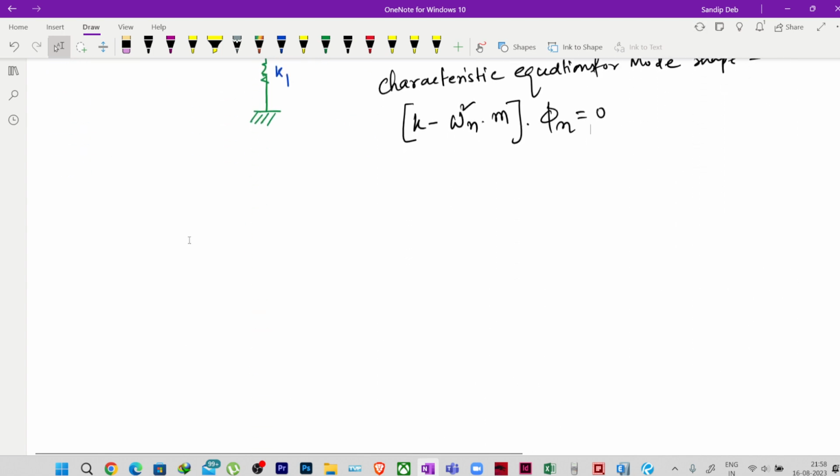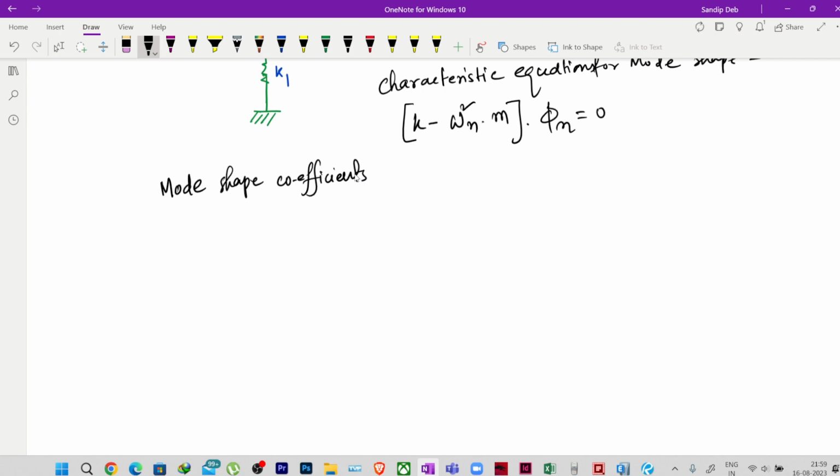So suppose in one particular direction we get the mode shape coefficients for the first three fundamental modes, in one plane direction.